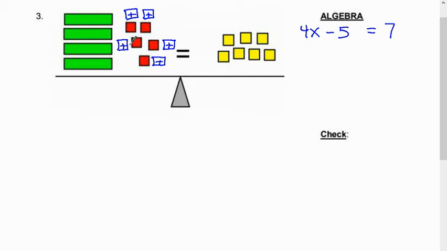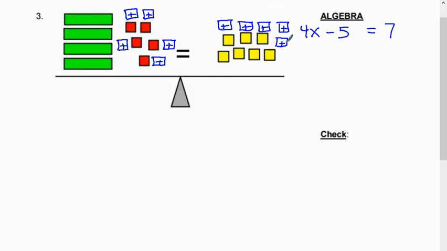Since I added 5 positives on the left, I have to add 5 positives on the right. So 1, 2, 3, 4, and 5. There's my 5 positive squares that I added on the right.